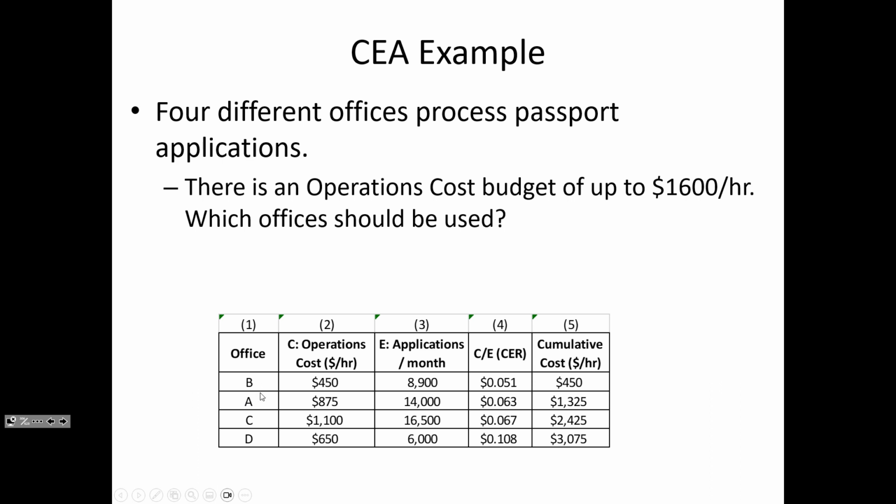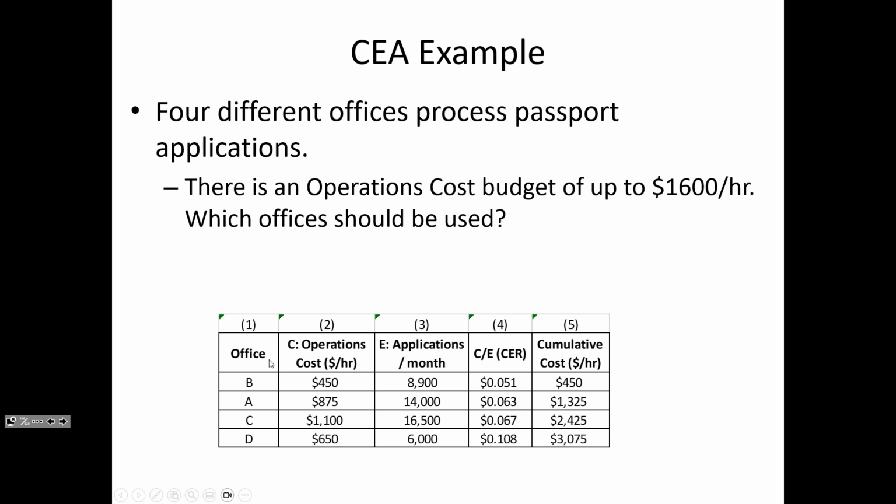And if partial spending is allowed, we could take some of the leftover money and put it into Office C, like if they could do partial staffing. But B is the most efficient, so you prioritize them first. They have the lowest cost, the most effectiveness.